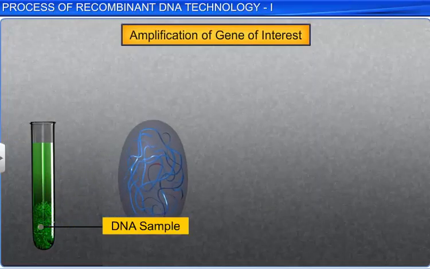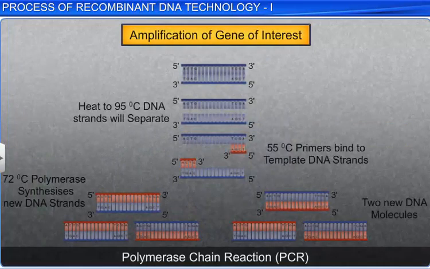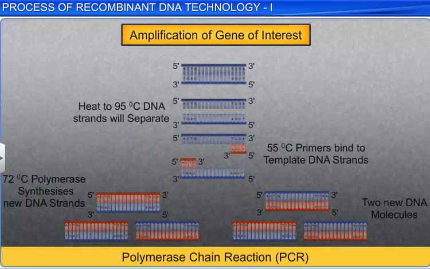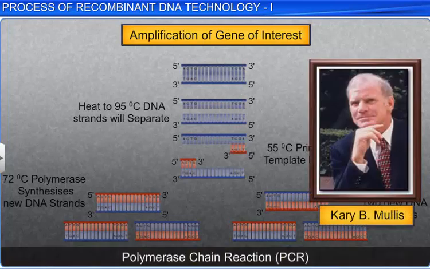The extracted DNA sample can be amplified or used to make multiple copies by using a technique known as polymerase chain reaction or PCR. The PCR technique was developed by Kary B. Mullis, who was awarded the Nobel Prize for Chemistry in 1993.